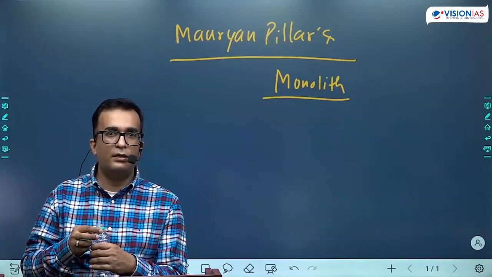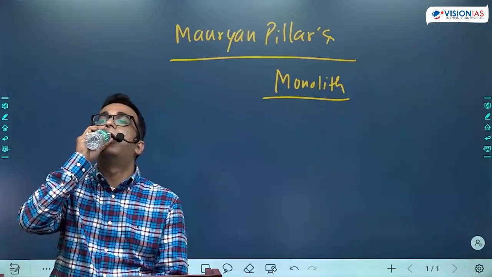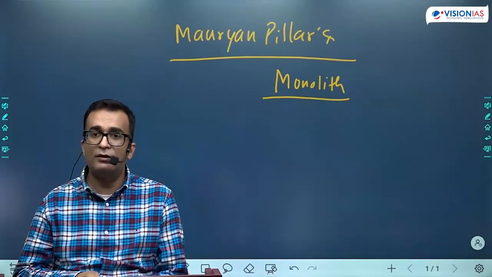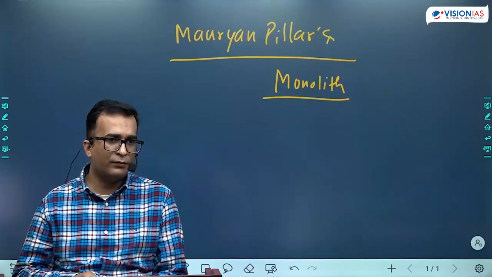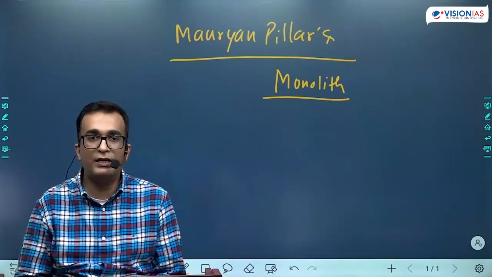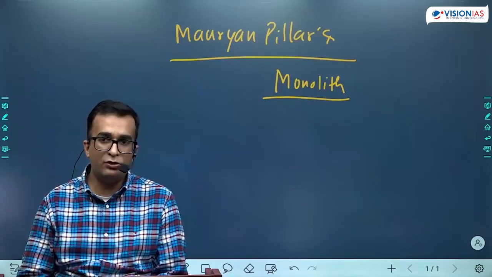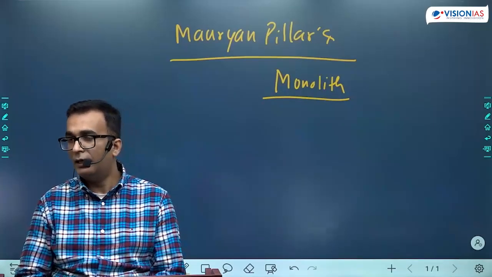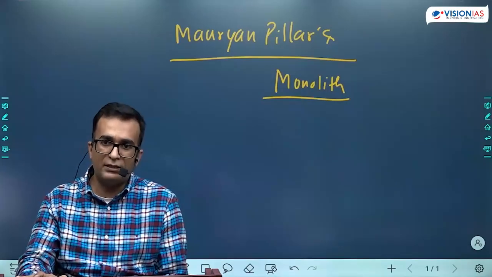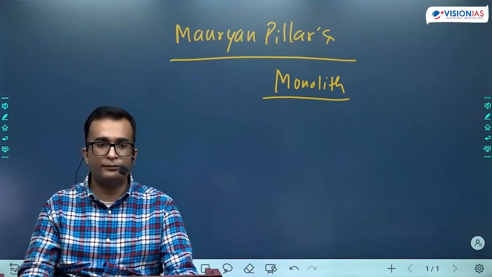And the carving skill was also very high. Then these pillars were installed in the open space.